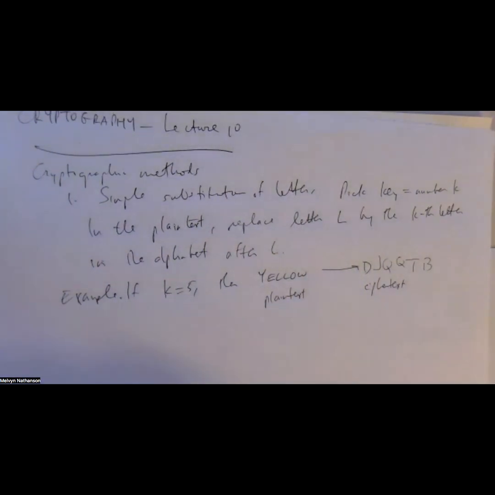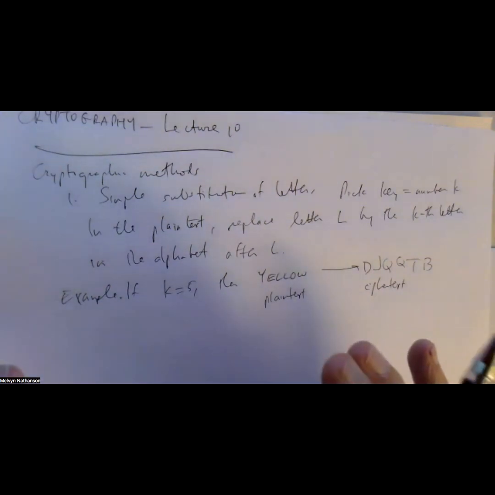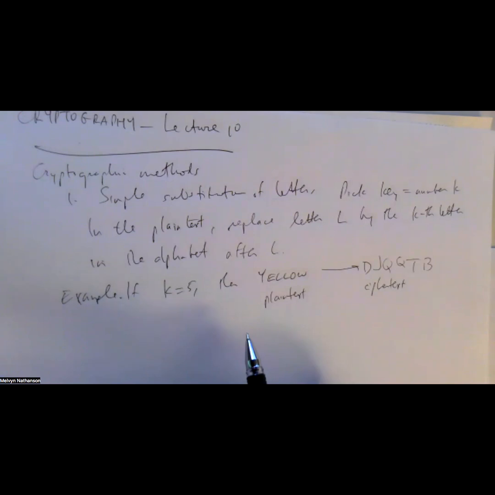I think the letter E occurs most often. So if you have a large ciphertext, you look for the letter that occurs most often, assume that's an E, that tells you what the key is, and then you can decrypt the message. But this is a classical cryptographic method.